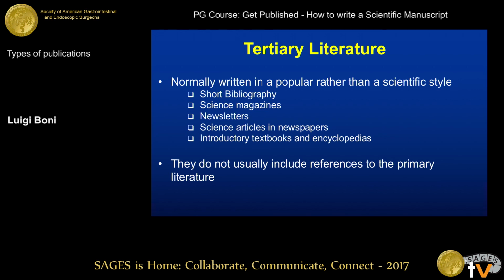You can write for a science magazine, newsletter, some textbook or encyclopedia. They do not really need references. You can put references in, but it's mainly your own opinion based on the knowledge that you have on this topic, and the audience is usually completely different from your own group.